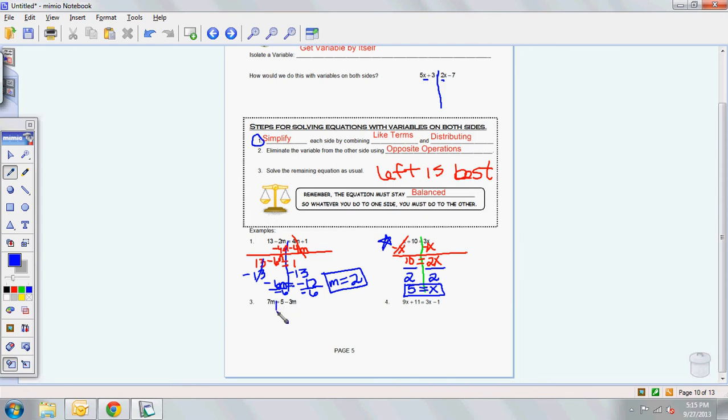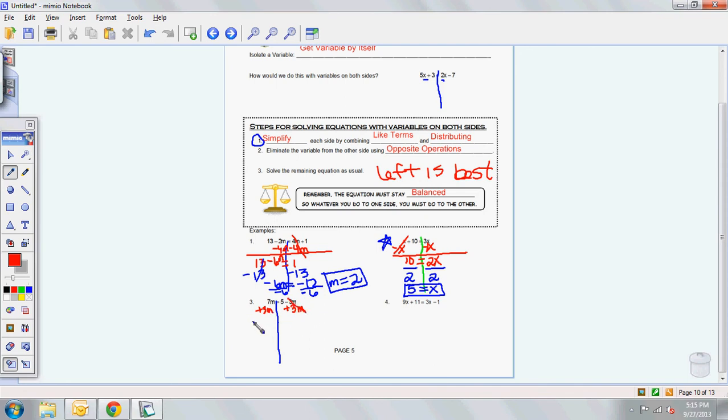All right, let's look at this one. Looks like we have m's on both sides. This one, I always ask myself, the left is best will work, because if I bring this negative 3m over here, I'm still left with a 5, so everything's good. So to eliminate this negative 3m on this side, I'm going to do the opposite. So I'm going to add 3m on both sides. So this is gone.